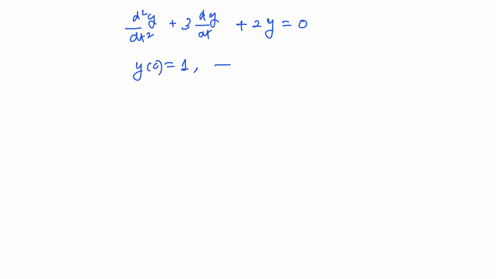Assuming that we have the following differential equation, dt squared y plus 3 dt dy plus 2y is equal to 0, with the following conditions, y of 0 is 1, dt dy of 0 is 0.